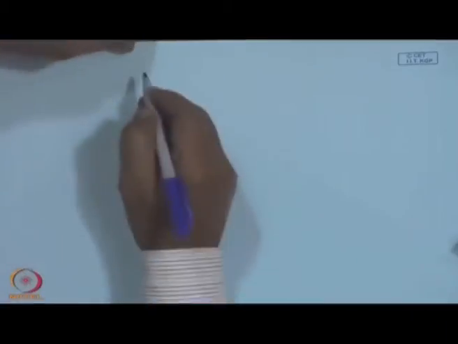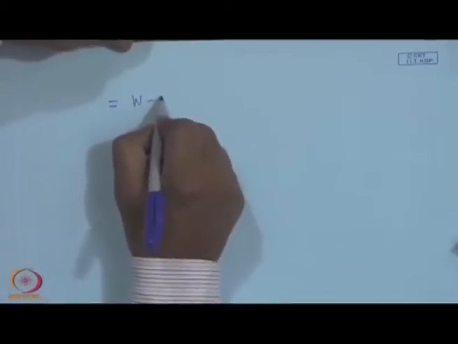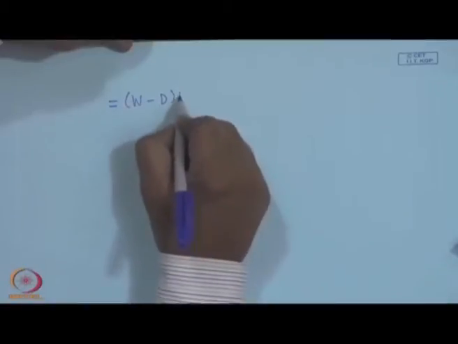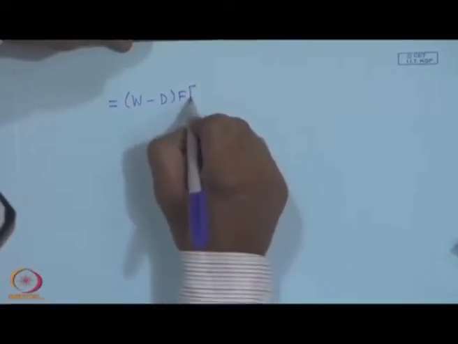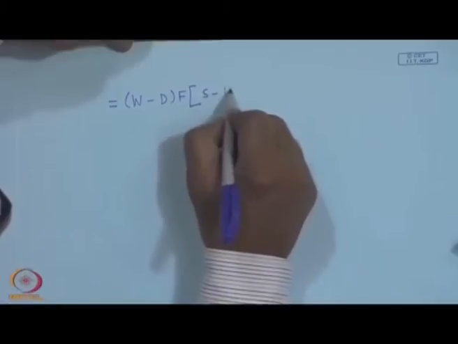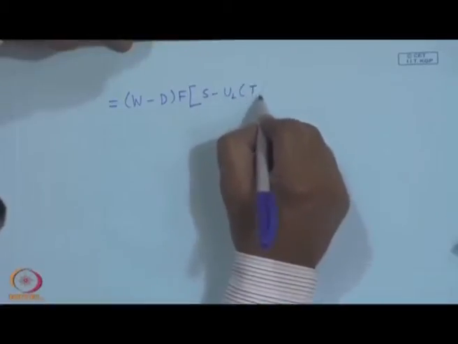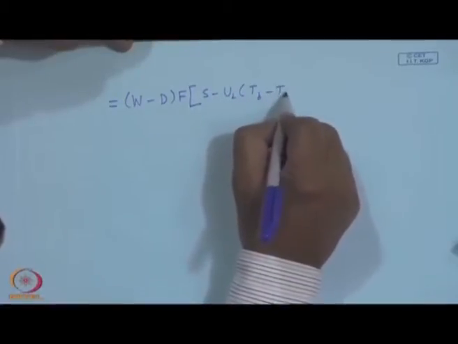This can be rewritten as (W minus D) times F times (S minus U_L) into (T_b minus T_a).